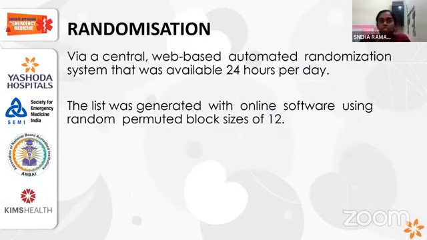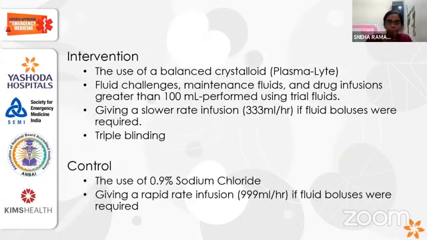The randomization was done by a central web-based automated randomization system that was available 24 hours per day, and the list was generated with online software using random permuted blocks of size 12. The intervention was the use of a balanced crystalloid, that is Plasma-Lyte 148, in patients who should have some signs of fluid responsiveness and need at least one fluid challenge or maintenance fluid or drug greater than 100 ml.